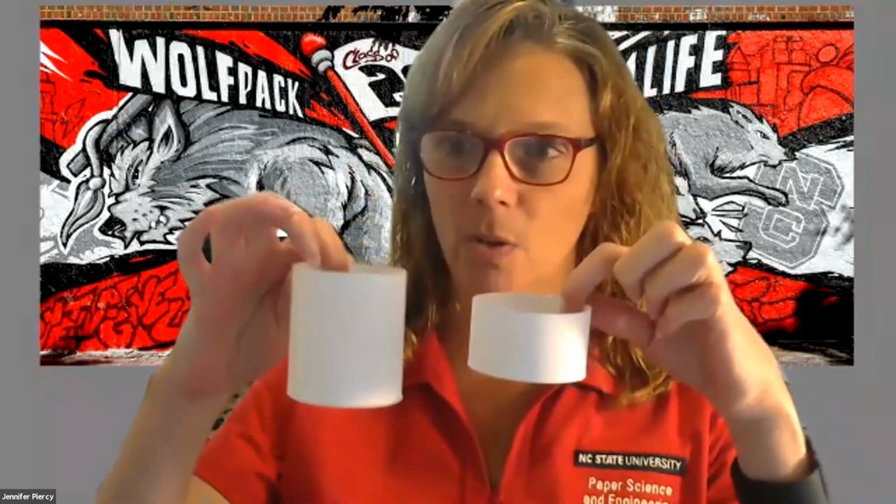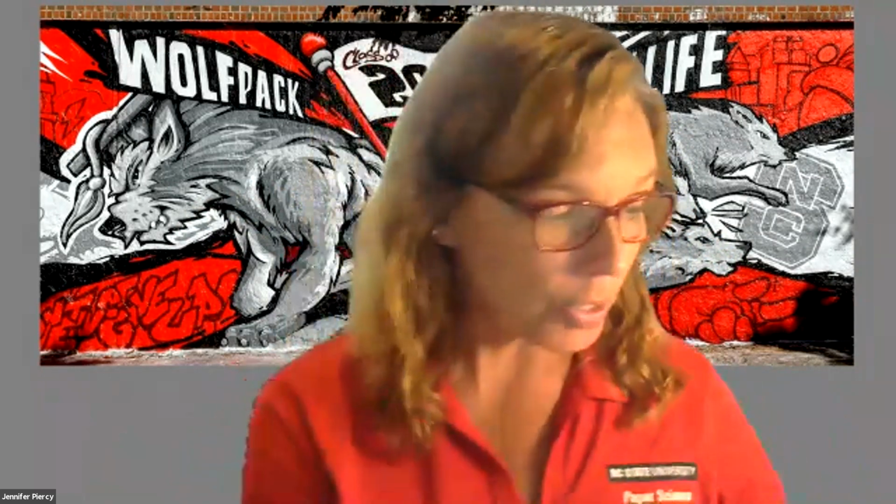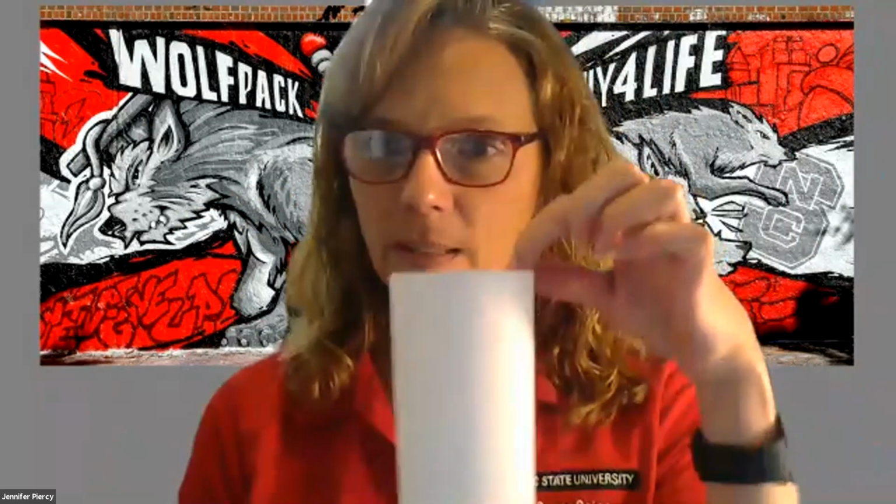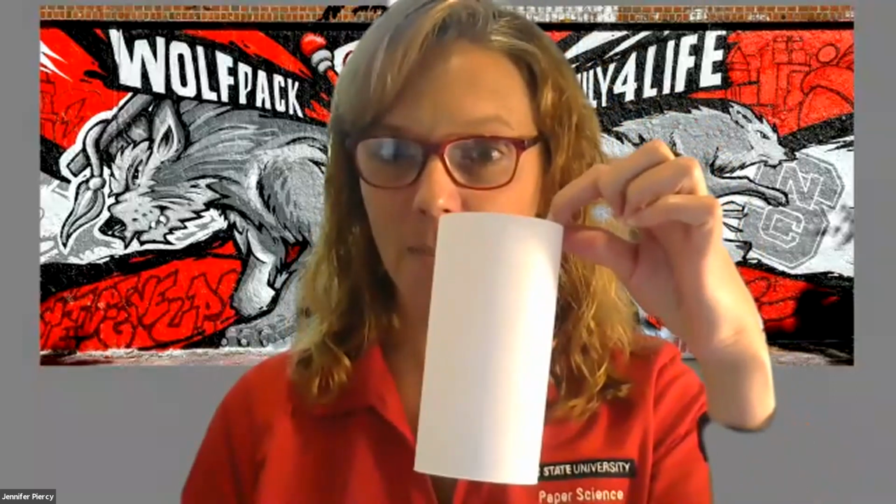A couple of things that are important. It's very important that you keep your area dry over and over and over, because if you get your paper cylinders wet, their strength is going to be compromised. Also, as you get to your bigger cylinders, you might want to do those outside, because it's highly unlikely that you're going to be able to catch the tub of water as this compresses at the same time.